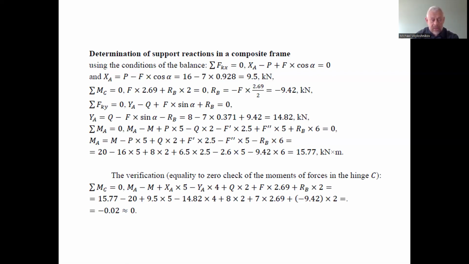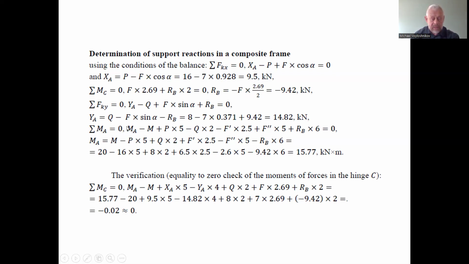And after that, we consider the total integral composite frame, statically definable. For the balance, the total action of all moments on the frame relative to point A, the embedding of the left end of the frame, has to be equal to 0.